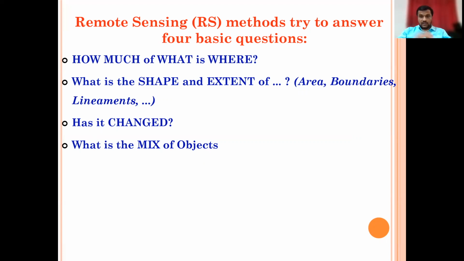If we talk about earth observation, remote sensing provides us the information about the ongoing changes over the earth surface features, and what is the mix of objects, meaning how many types of features are there. The landscape is composed of different land use land cover categories, different land surface features. So remote sensing answers how much or what kind of objects are there over the earth surface.